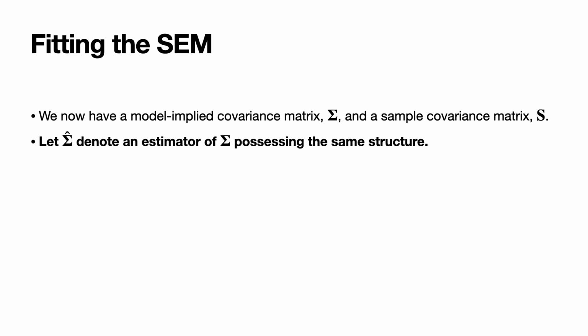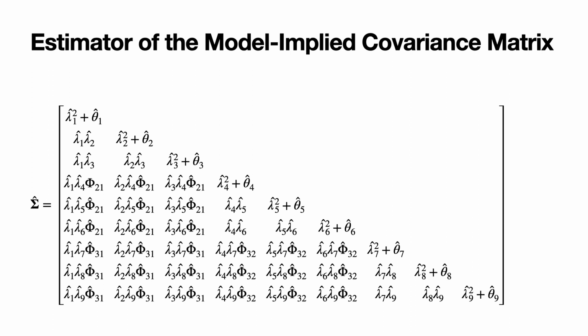So let sigma hat denote an estimator of the model-implied covariance matrix cap sig possessing the same structure. And so to do this, we will not only put a hat on the cap sig, but we're going to put hats on all of the parameters in the expressions for that model-implied covariance matrix.